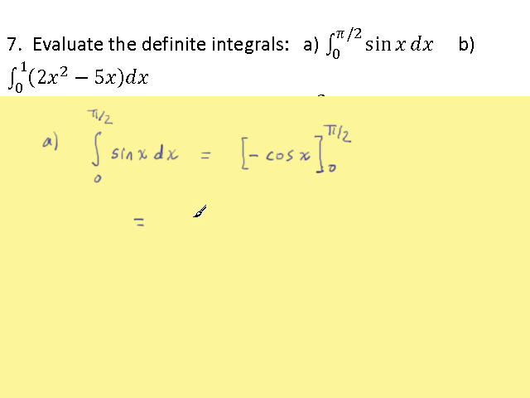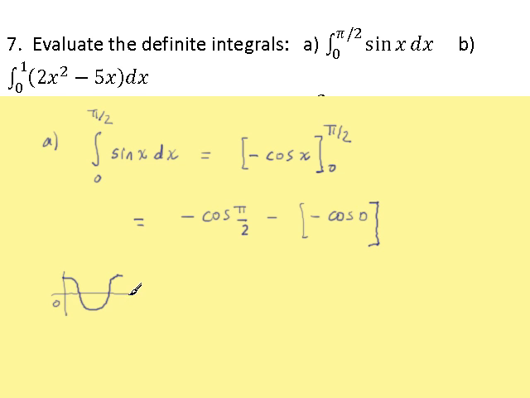So now we just substitute in minus cosine pi over 2, subtract minus cosine 0. Let's just remember what the cosine curve looks like so that we can recall these values.